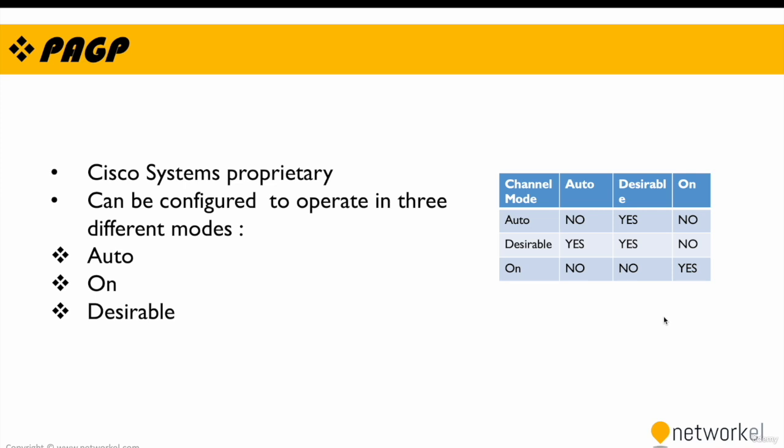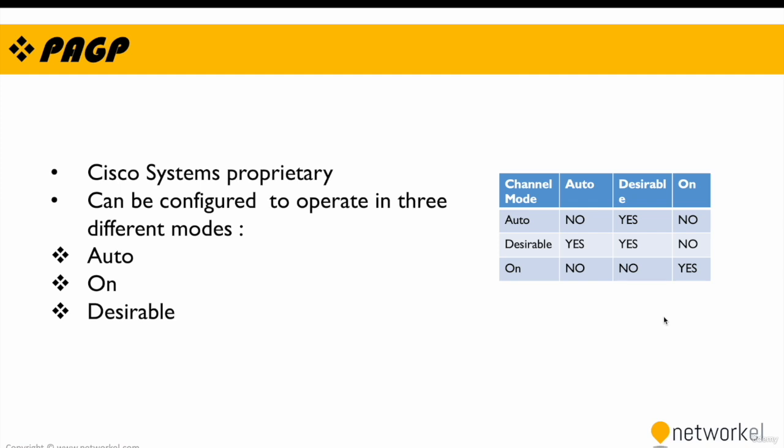We are using 2 main protocols while we are creating Etherchannel, and they are PAGP and LACP. PAGP is a Cisco proprietary protocol used to automate the creation and management of link aggregation, specifically for Etherchannel configurations.